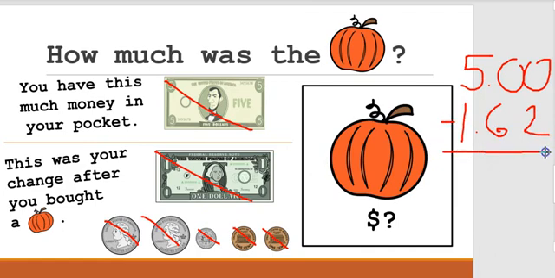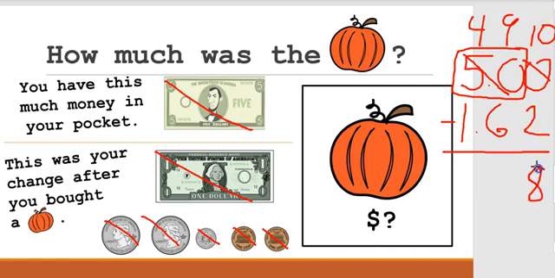Well, to figure out how much that pumpkin was, I need to subtract. Let's regroup like we've done before. This becomes a 10, and I group these two together. It becomes a 49. And if you subtract 10 minus 2, you get 8.